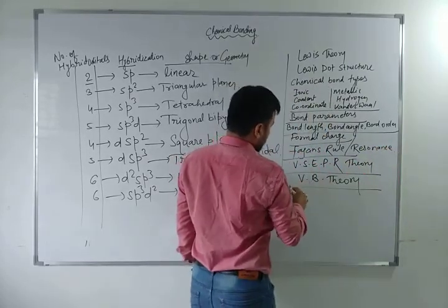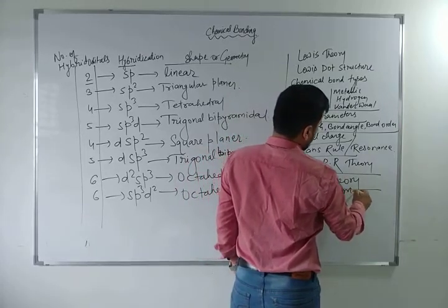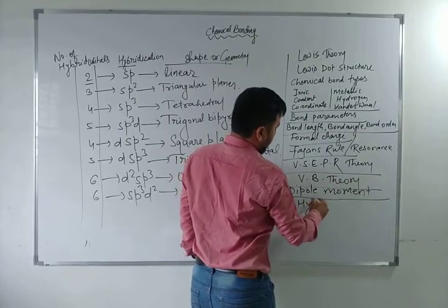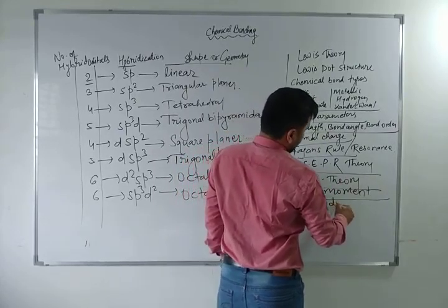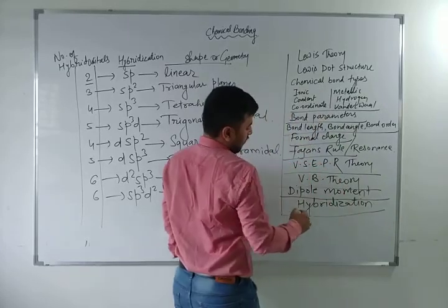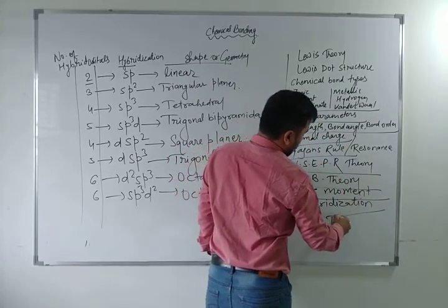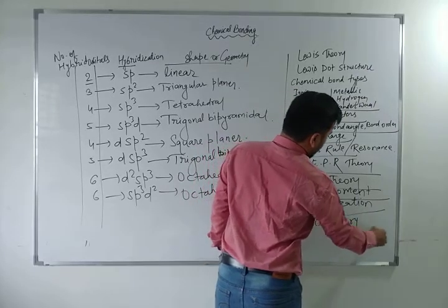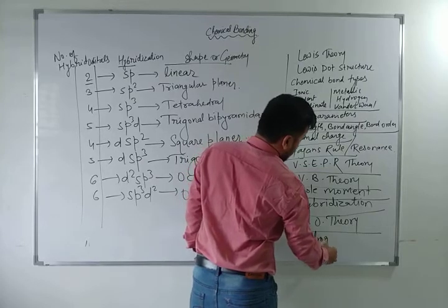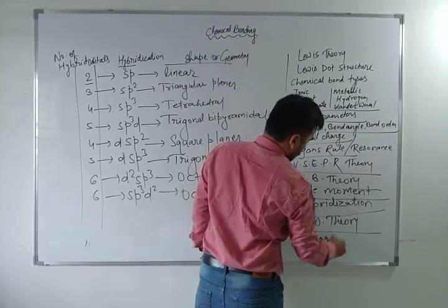We have also understood the dipole moment. We have understood the hybridizations, and now we will discuss molecular orbital theory, and finally we will discuss the hydrogen bond. This is the last concept of this chapter, that is hydrogen bonding.